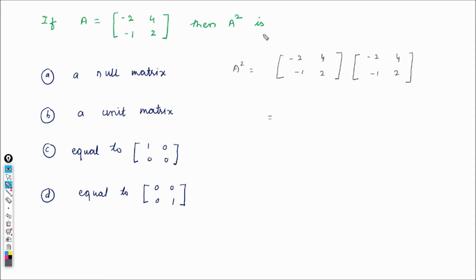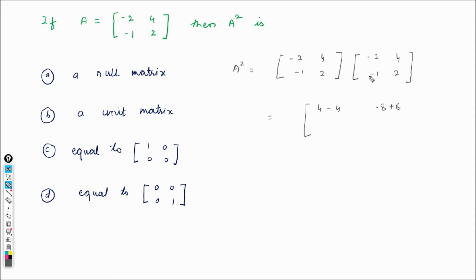So multiplication of these two matrices is defined because they are square matrices of the same order. So let us multiply here. Minus 2 into minus 2 is plus 4, 4 into minus 2 is minus 8, plus 8, row to column.